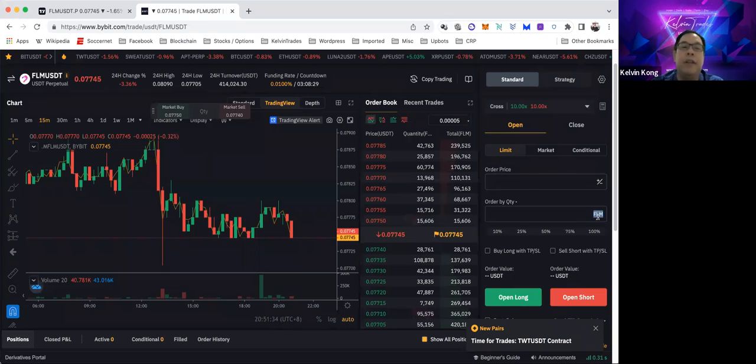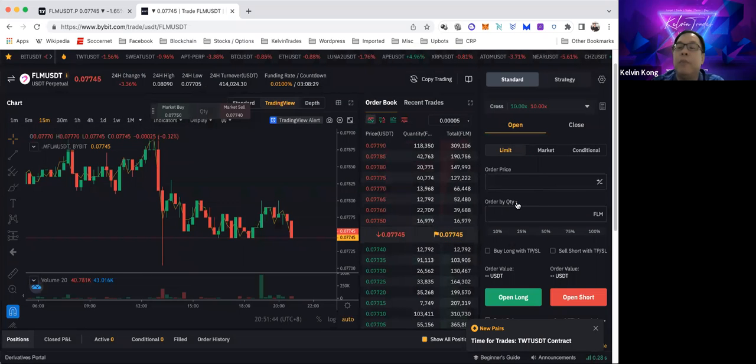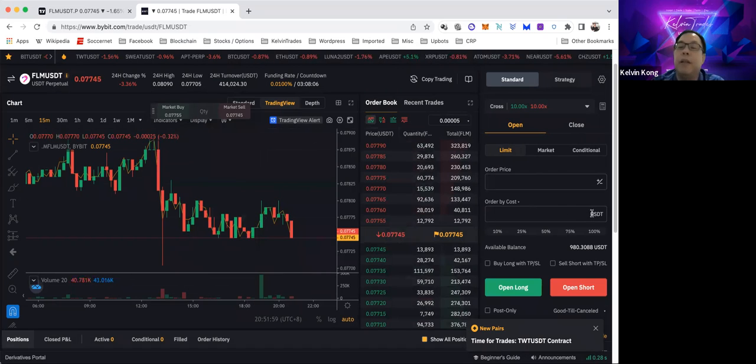It shows the coin. So if you want to switch back to USD, then obviously you need to make sure this is hash mode. Then over here, you see this small little arrow down. You click, you can select order by cost in USDT. Then you click confirm. So it goes back to USDT.